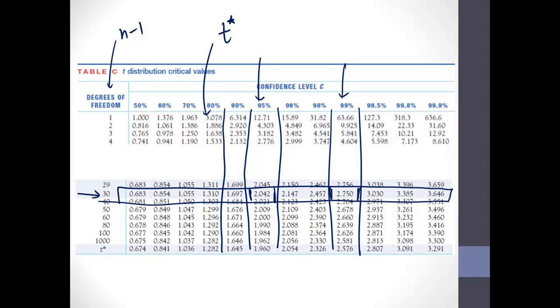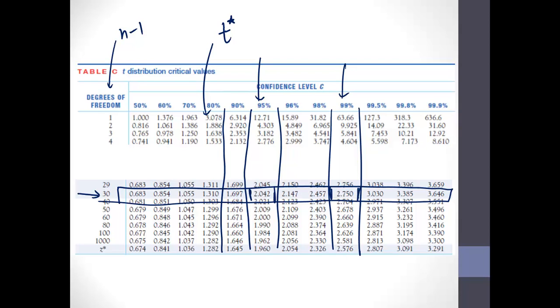This table does list a bunch of other ones as well. So if for some reason you wanted a 96% confidence interval, those numbers are all right there as well. So the key difference is that this table is actually giving you the t star value that you need. You just have to pick out the right row, and then the number is right there.